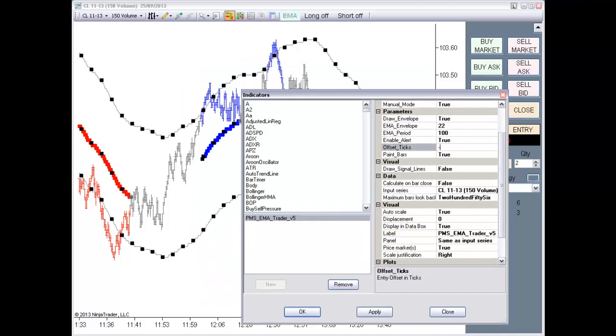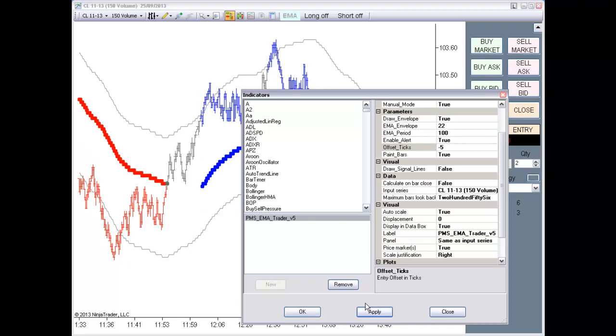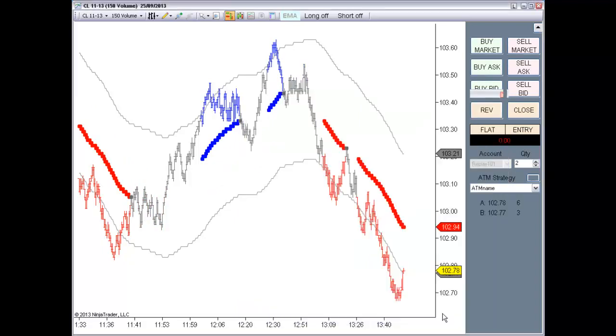The offset can be negative, so we enter late into the trade, or like on this setup, I enter early. See, for example, this trade at 13:10.